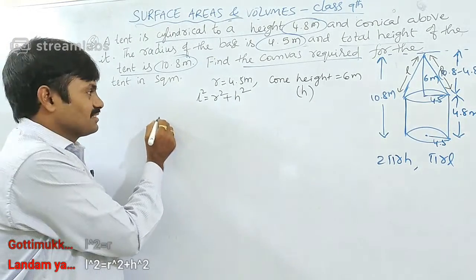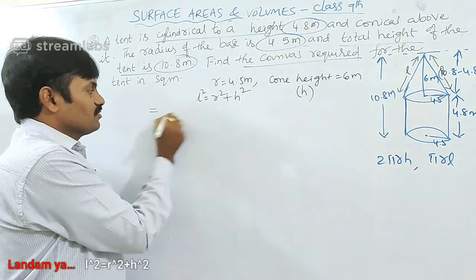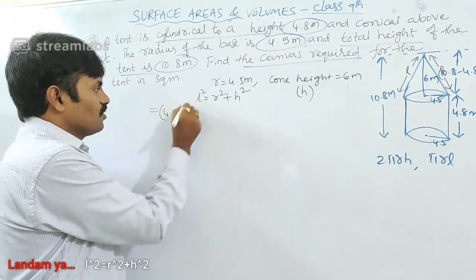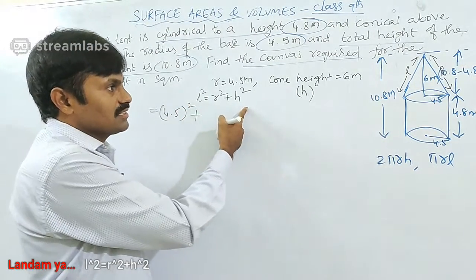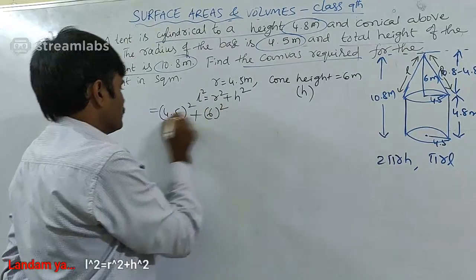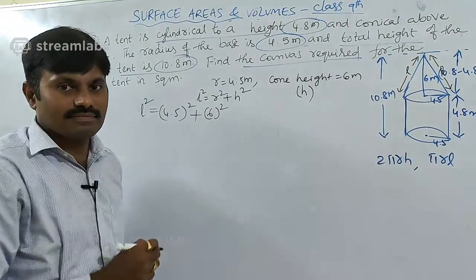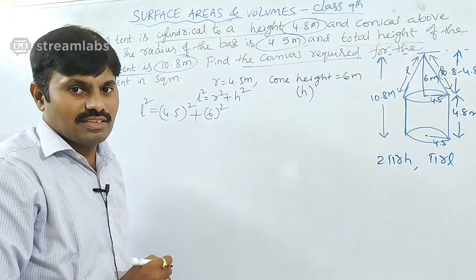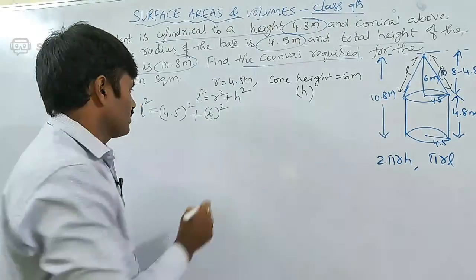So the R value is 4.5 whole square plus the H value, the height of the cone, 6 square. So this is equal to L square.